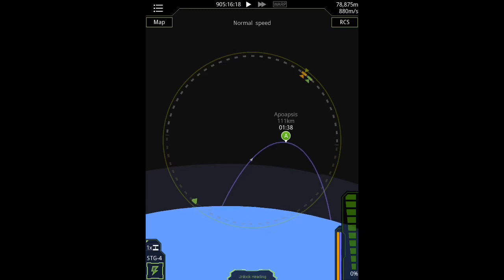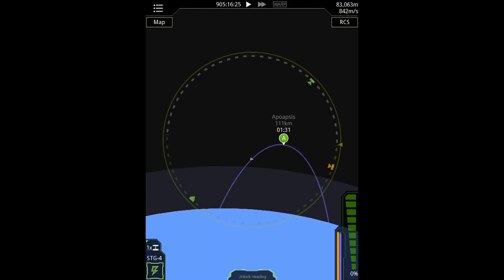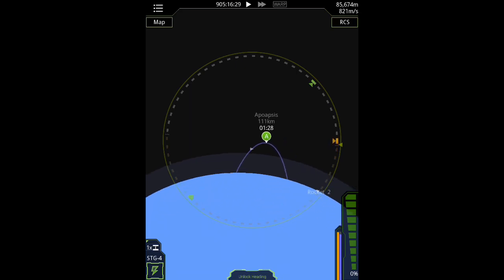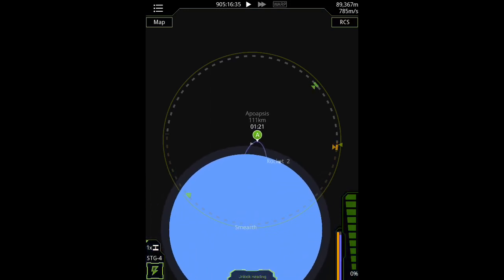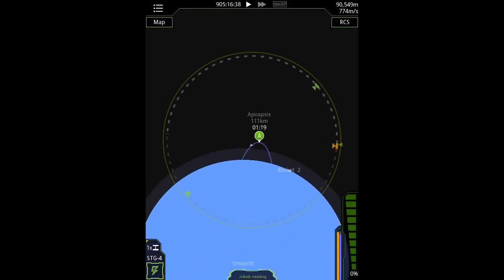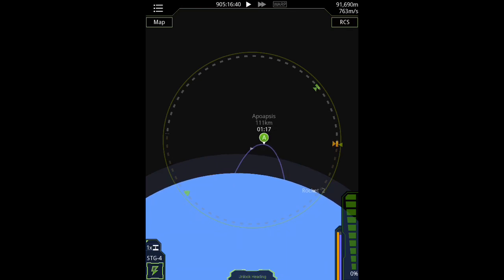All right, so you heard what we need to do. What we have got to do is, when we get up to our apoapsis up there, which is the max point in our orbit, we're going to add as much horizontal acceleration as we can. And this is going to allow us to fall towards the Earth as fast as the Earth curves away from us so that we go in a circle around the planet.